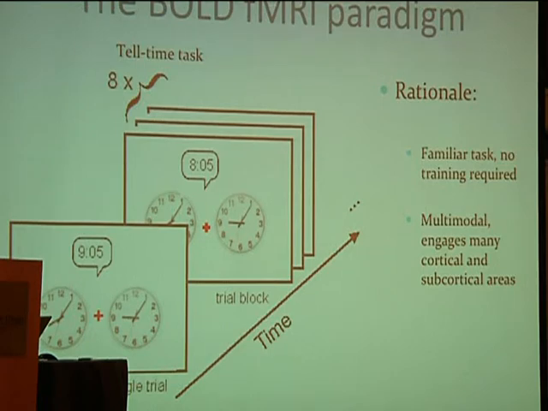audio, essentially the time is spoken through headphones, and simultaneously two clocks are presented, and the subject has to pick the one which is not the same as what was spoken. And this task is simple, but at the same time it involves activity in many areas of the brain, because it's both visual and auditory.